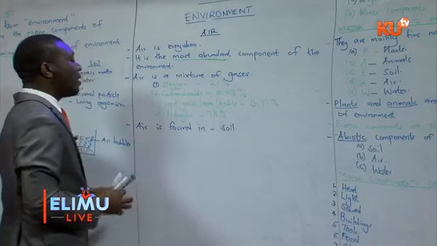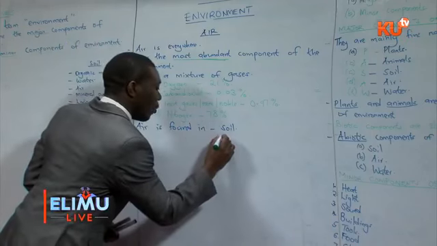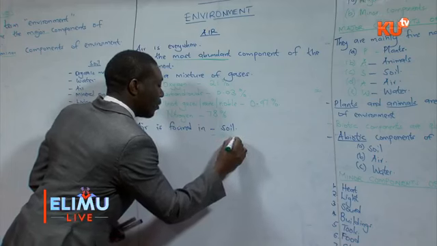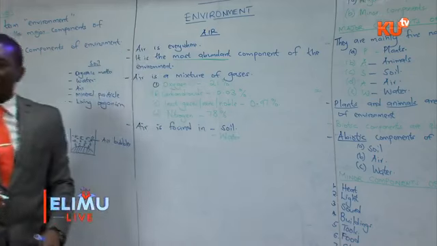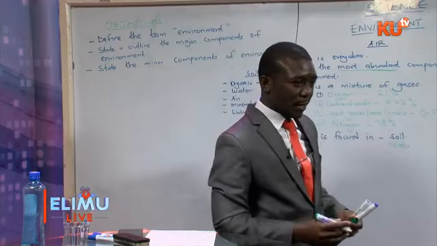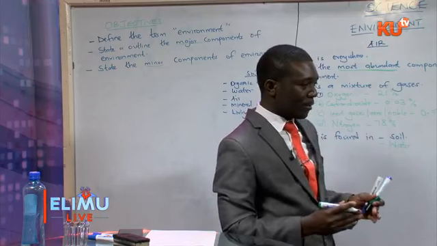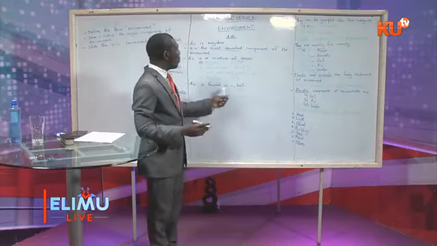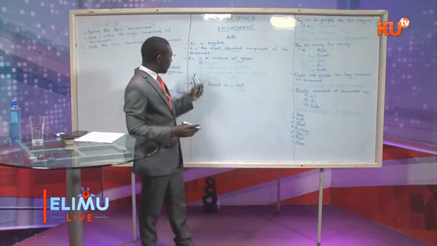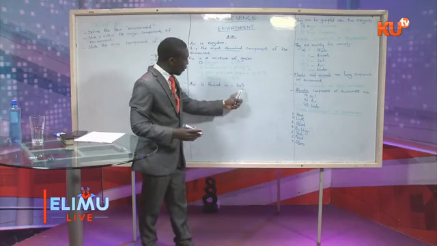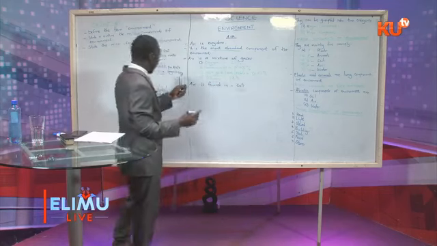Two, it is also found in water. Why is it found in water? We have got some animals that live in water. Aquatic animals obtain oxygen from this water itself, because water itself has got air.